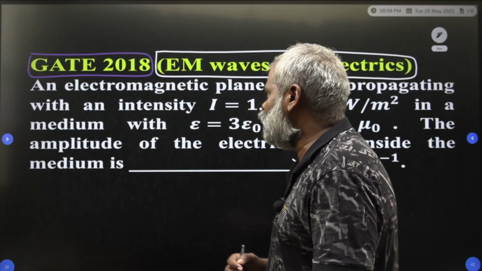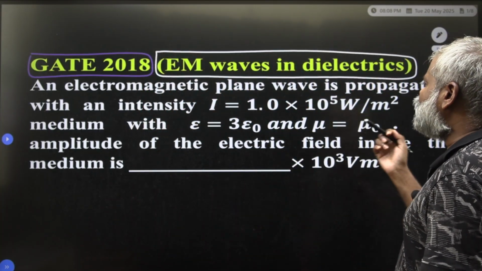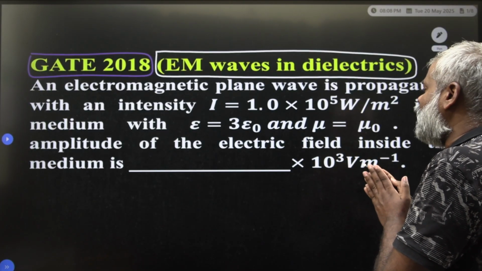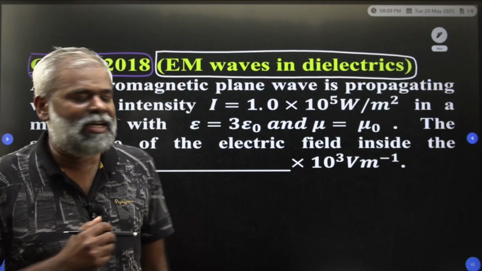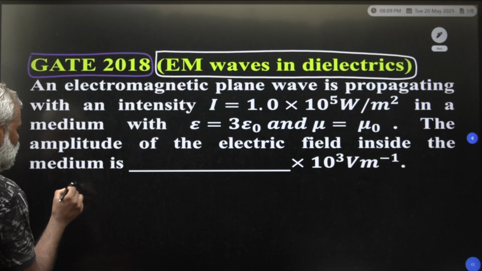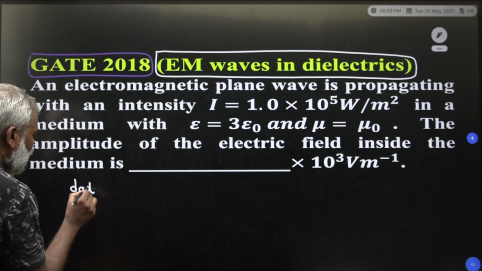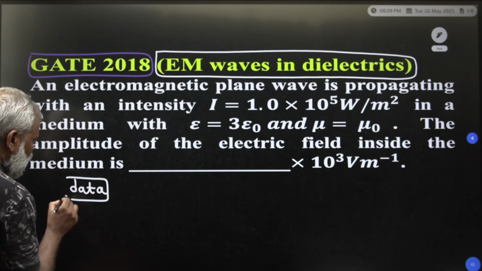Once you have to read the question. An electromagnetic plane wave is propagating with an intensity. What is your intensity? They are giving the data, so whatever data they are giving, you have to write that first.